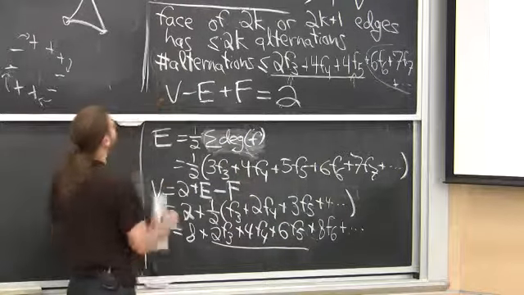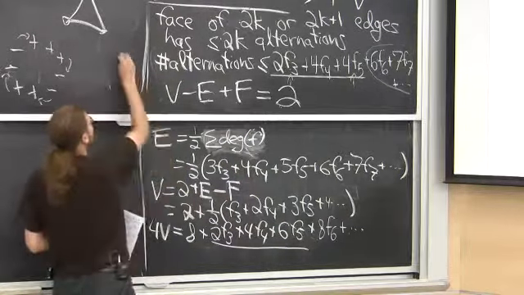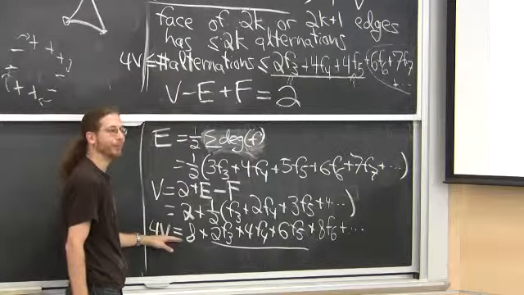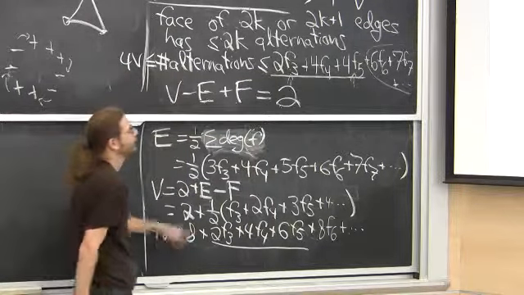So somehow 4V, which is at most the number of alternations, that's the reverse of what we said before, 4V is at most this number, and yet it's also equal to this number. It can't be both. This number is at least 8 larger than that number. Could be even more larger, but at least that. Contradiction, done. This works as long as there's at least one face, meaning there's at least one plus or minus, because we're only looking at the subgraph of plus and minus edges. And that is Cauchy's rigidity theorem.